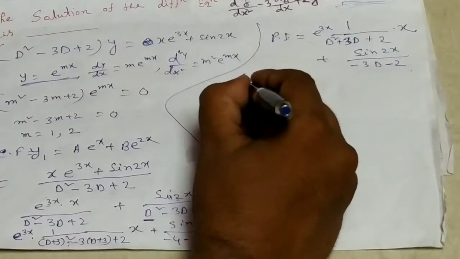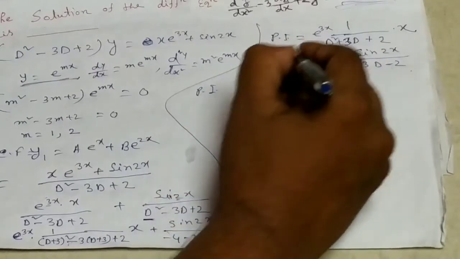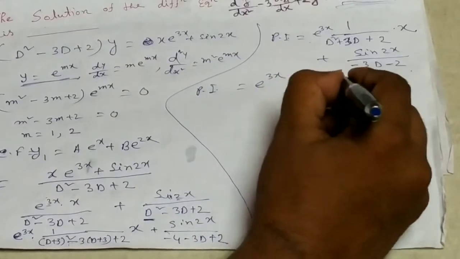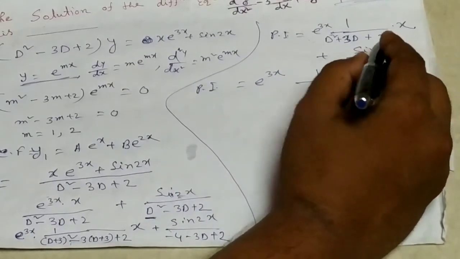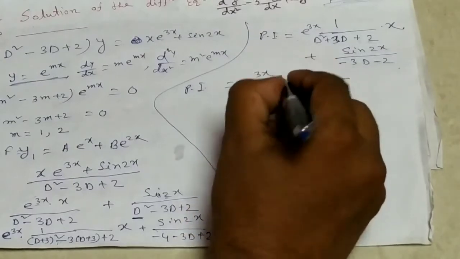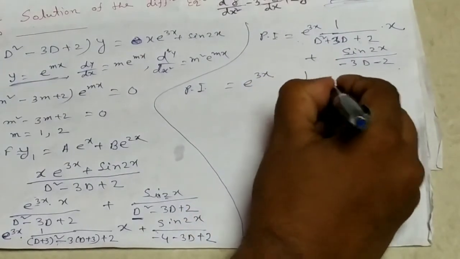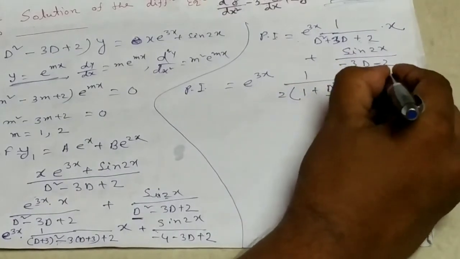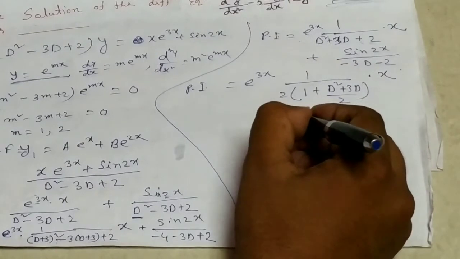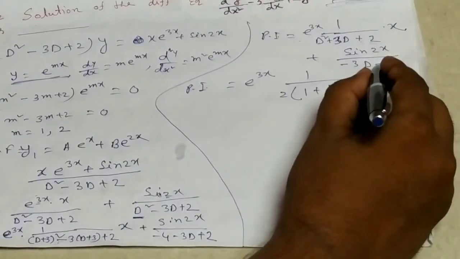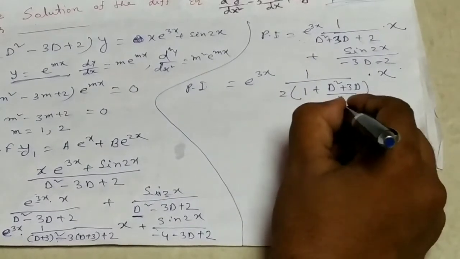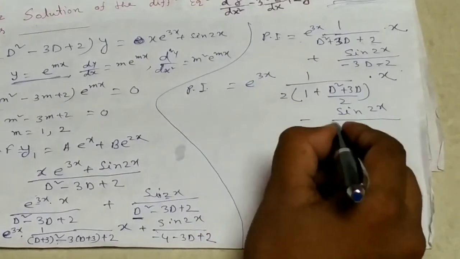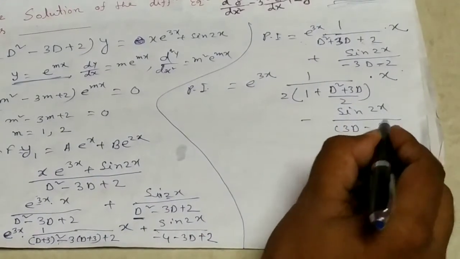Now we calculate this term. The particular integral equals e^(3x) times 1 by 2, into [1 + (D² + 3D)/2]^(-1) x, minus sin 2x divided by (3D + 2).